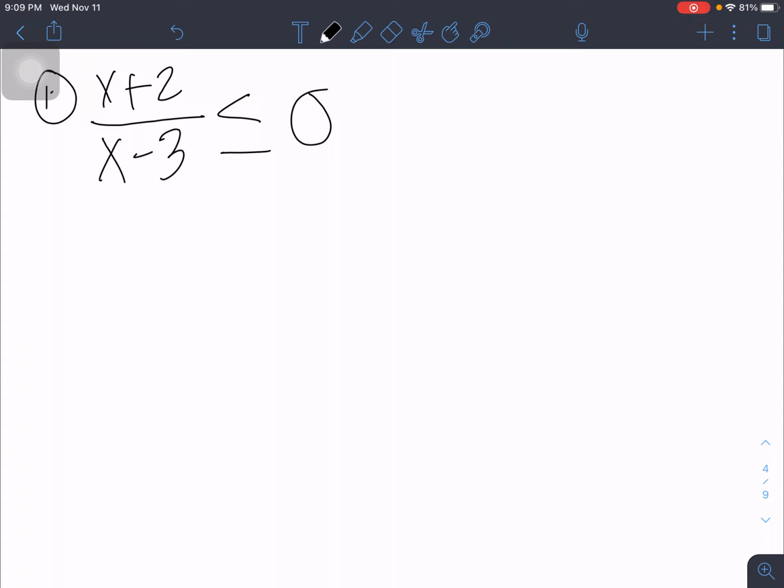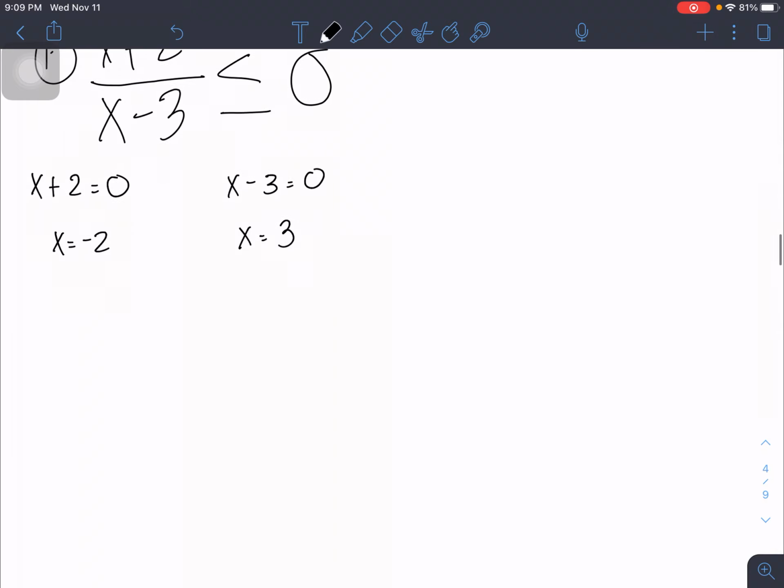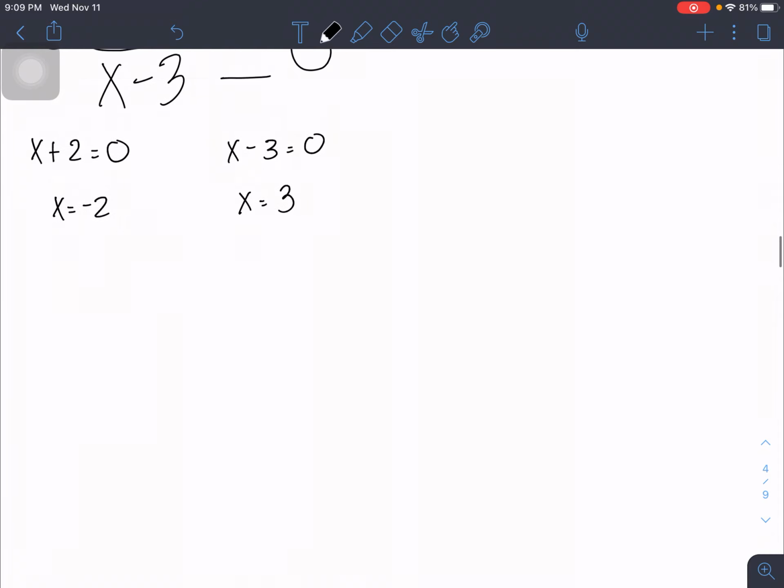Next is to separate the numerator and denominator. So x + 2 is equal to 0 and x - 3 is equal to 0. So x will be -2, and x will be +3. After that, we would like to have a number line.